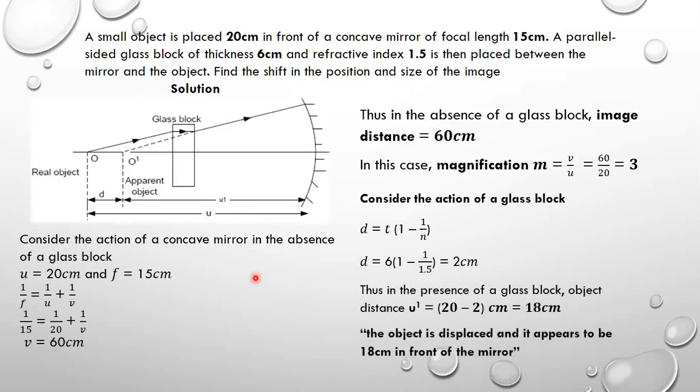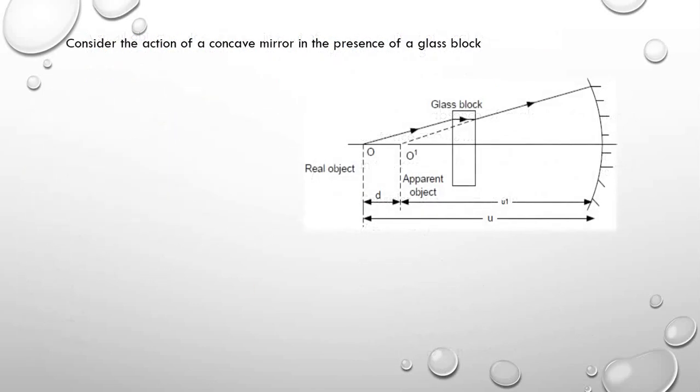So we can now apply the mirror formula to get the new v for this u. Remember, u prime is 18, and the focal length does not change, it's still 15. So we can get the new v using the mirror formula still.